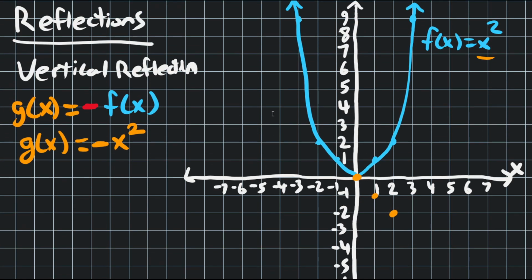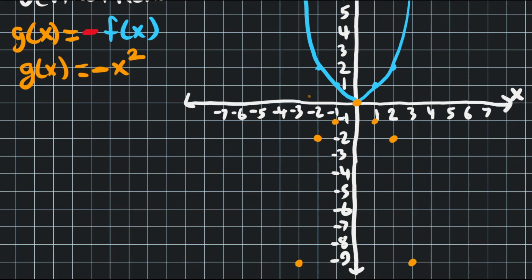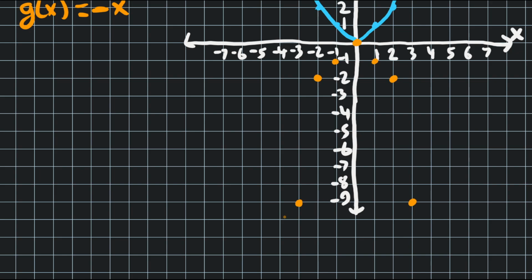And then same thing on the other side: negative 1, comma 1 becomes negative 1, comma negative 1. Negative 2, comma 2 becomes negative 2, comma negative 2. And negative 3, comma 9 becomes negative 3, comma negative 9. So all we're doing is flipping the sign of the y-coordinates of these points.